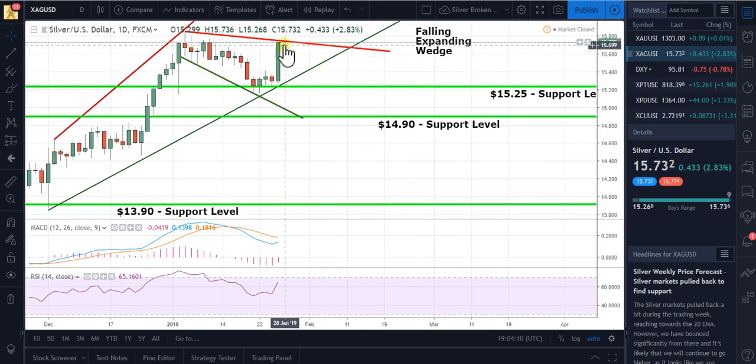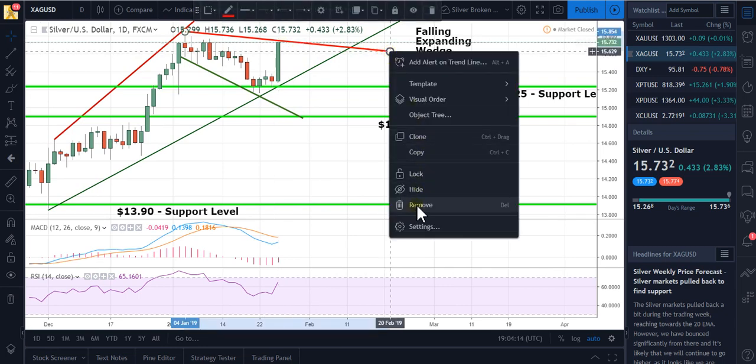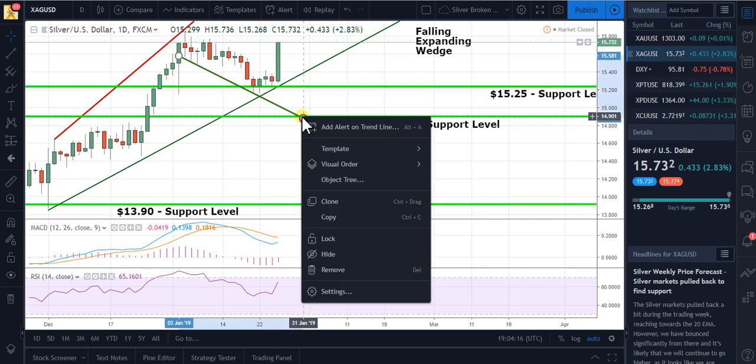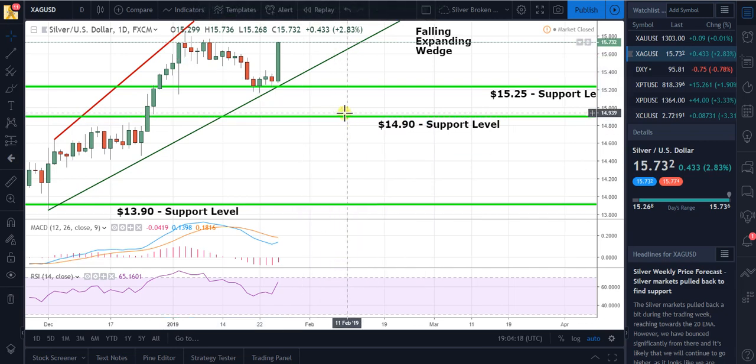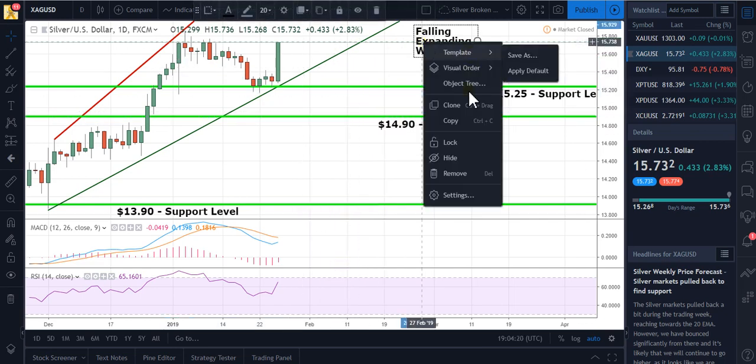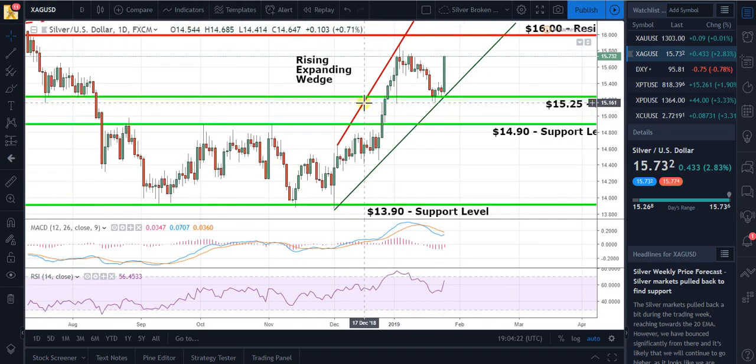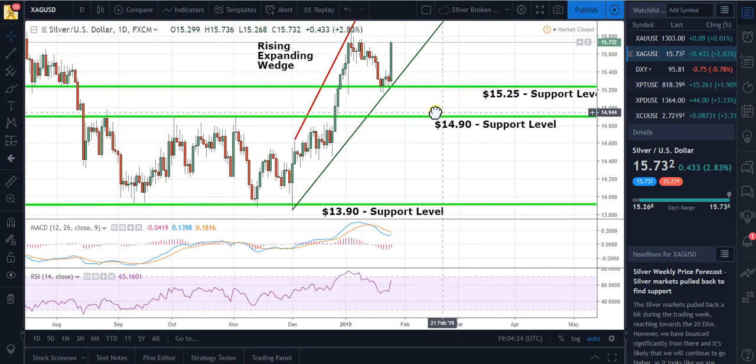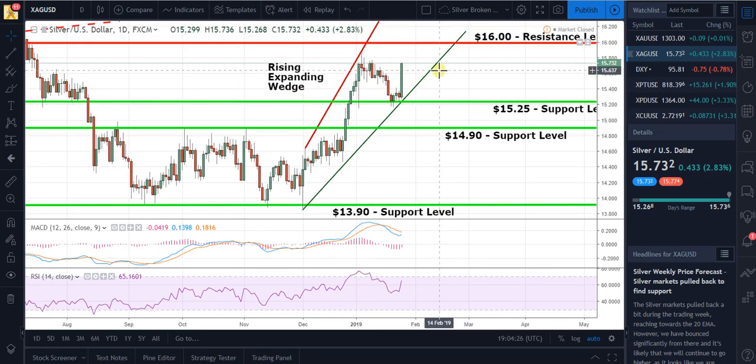It doesn't have a small top to it. It would be going against my normal way I do my charts, so I am not going to show the falling expanding wedge on the chart for silver anymore. I will keep the rising expanding wedge. We did find a new support level for silver at the 15.25 level, and 16 continues to be resistance.